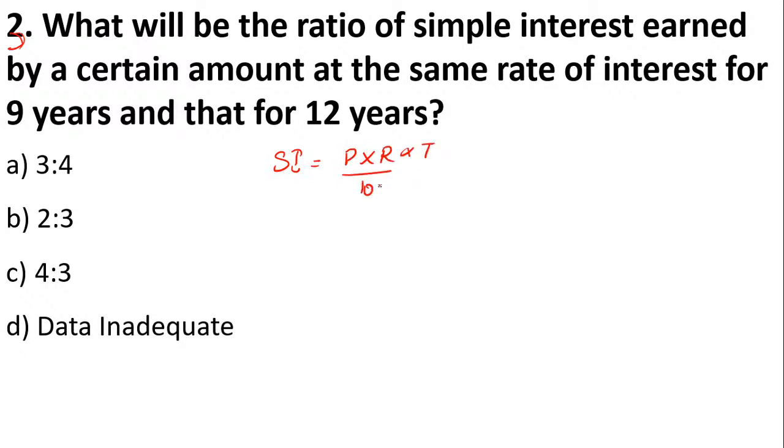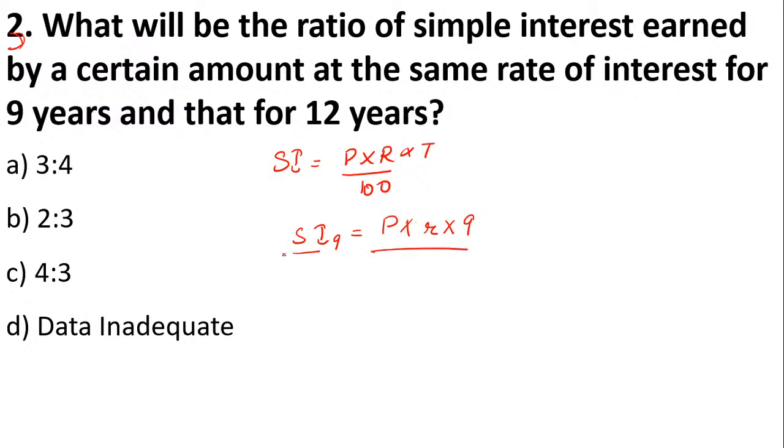I'll write SI for 9 years. The principal is the same, right, students? The rate is also the same, R, and the time is 9 years, and I'll divide it.